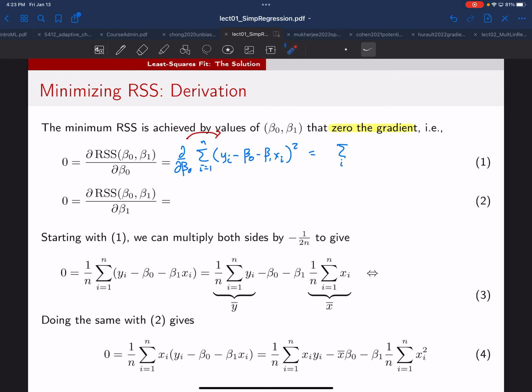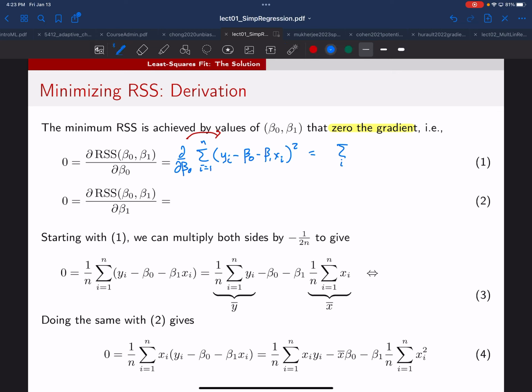Okay, so now let's focus on what is the partial derivative of this quadratic. How do we attack this? Does anybody remember there's sort of a key word? Variable change? No, we don't need to do anything so complicated. Chain rule, exactly. So you probably remember how this goes, but for this quadratic, it's going to be 2 times this times the derivative of that with respect to beta 0.